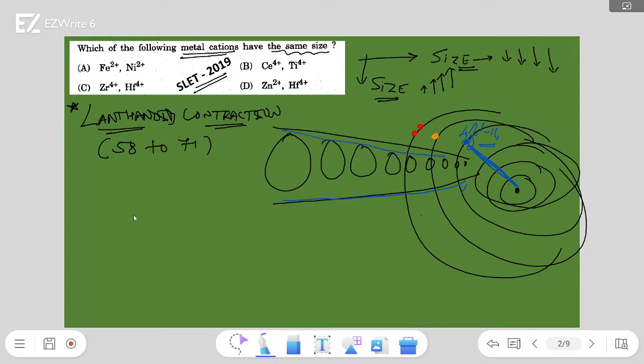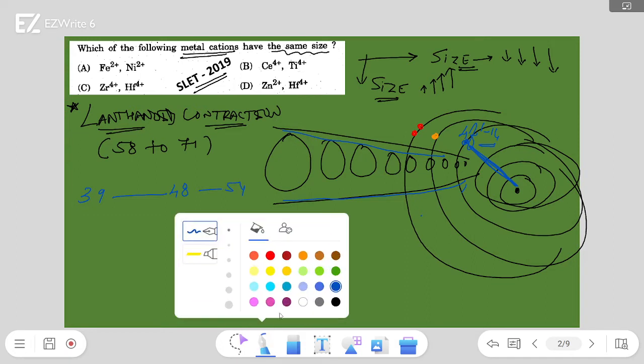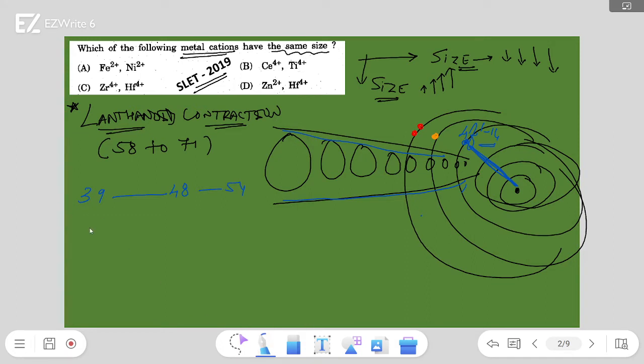Because of this, it is clearly stated that the elements starting from 39 to 48 and then to 54, and the elements which are 57 and 72 onwards, are always found to be of a similar size.